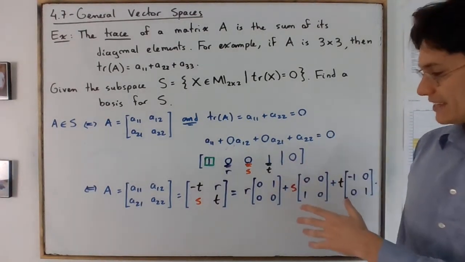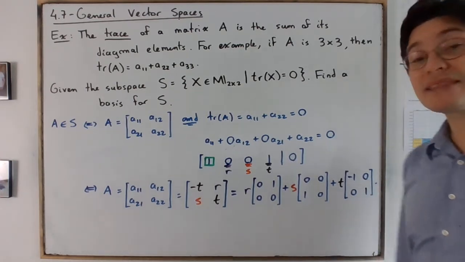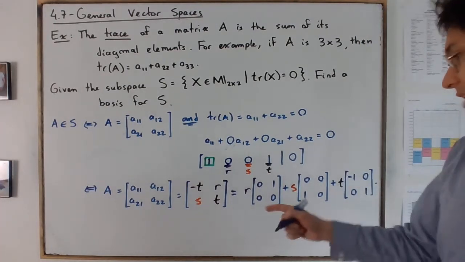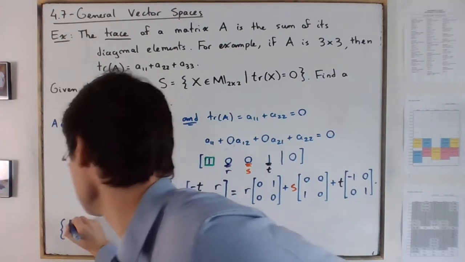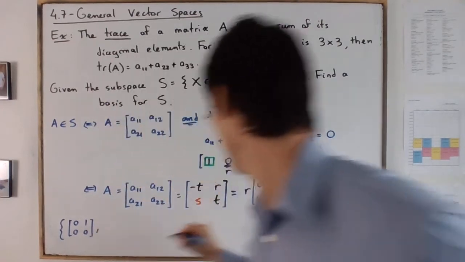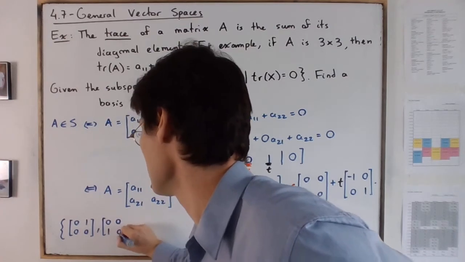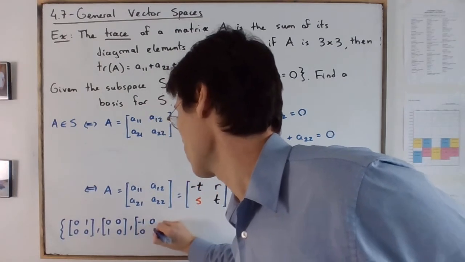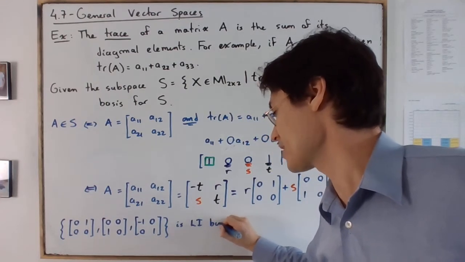And exactly like our solution set for the null space of a matrix, this is linearly independent by construction. Actually, let's take note of that. The set of all these matrices: 0, 1, 0, 0, then 0, 0, 1, 0, and finally -1, 0, 0, 1, is linearly independent by construction.